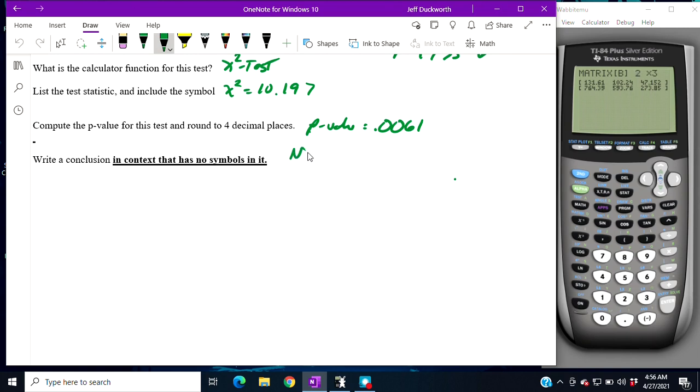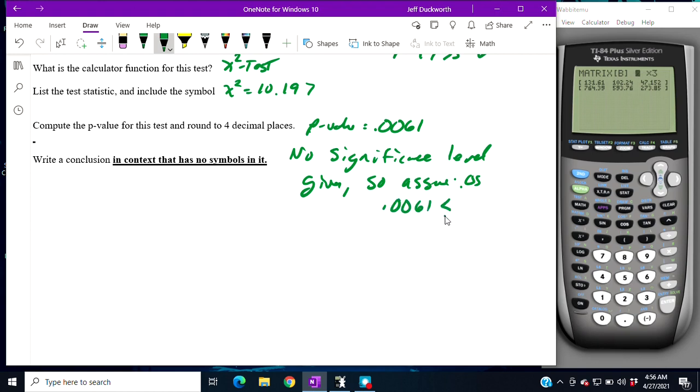So no alpha given or significance level. So we're going to assume 0.05. And 0.0061 is less than or equal to 0.05. So we're going to reject.